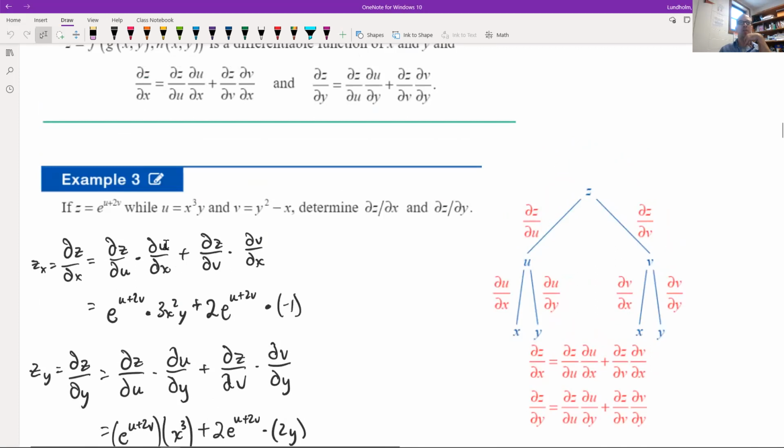Again, we're lining up these derivatives so that if you were to cancel partial u and partial u, or partial v and partial v, you still get the same thing as what you're hoping to get. Here we're trying to find partial z, partial x. So we get partial z and partial x, and we want to make sure that that happens.